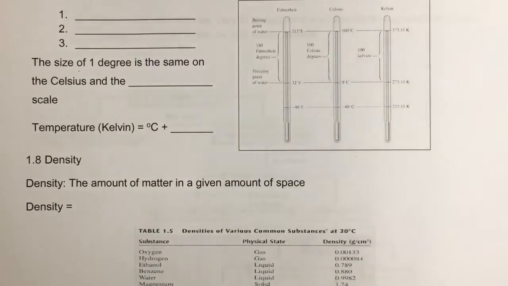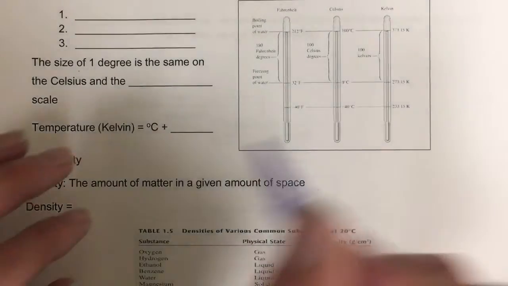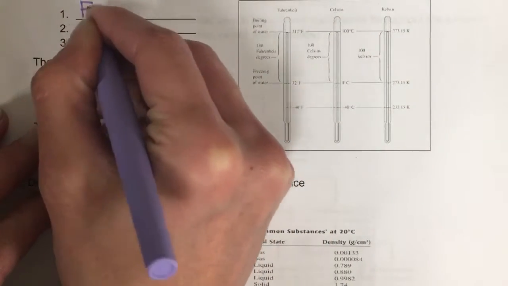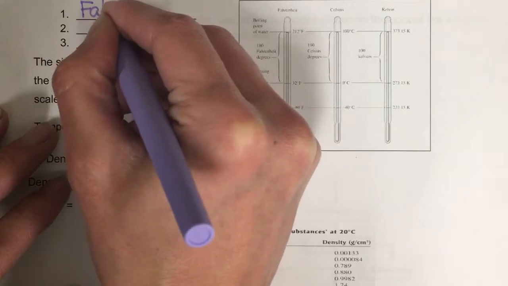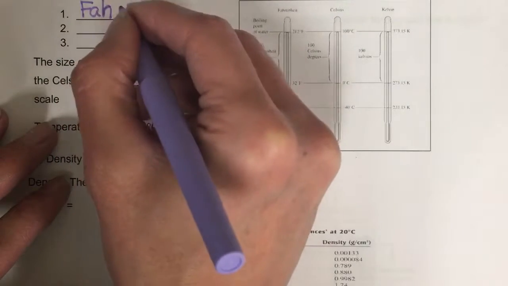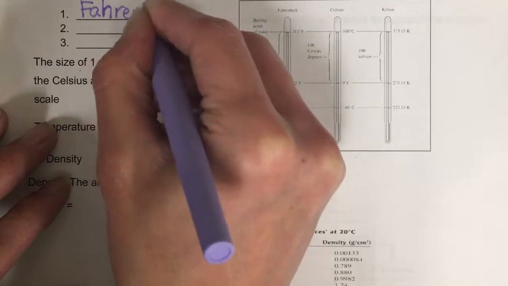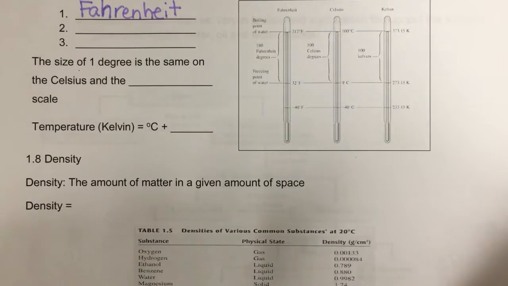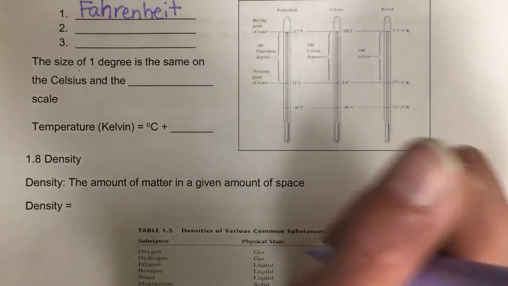So in temperature, there are 3 different units for temperature that we're going to be concerned about. The first, and I always spell this wrong, is Fahrenheit. That's what we use in the United States. That is not what we use in chemistry. You will never see it in chemistry measurements, okay?